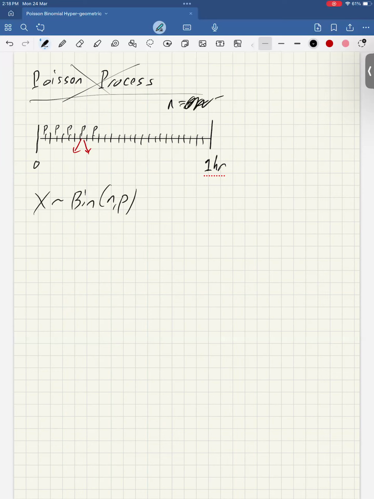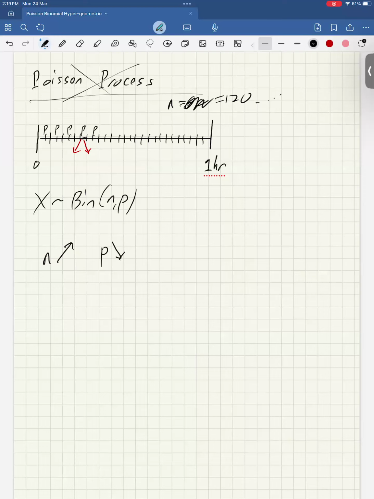let's say from 60 to 120. And in this way, you continue and grow n. You make n bigger and bigger. But because you've made n bigger, in each small time interval the probability goes down. So n is going to grow, but p is going to go down.